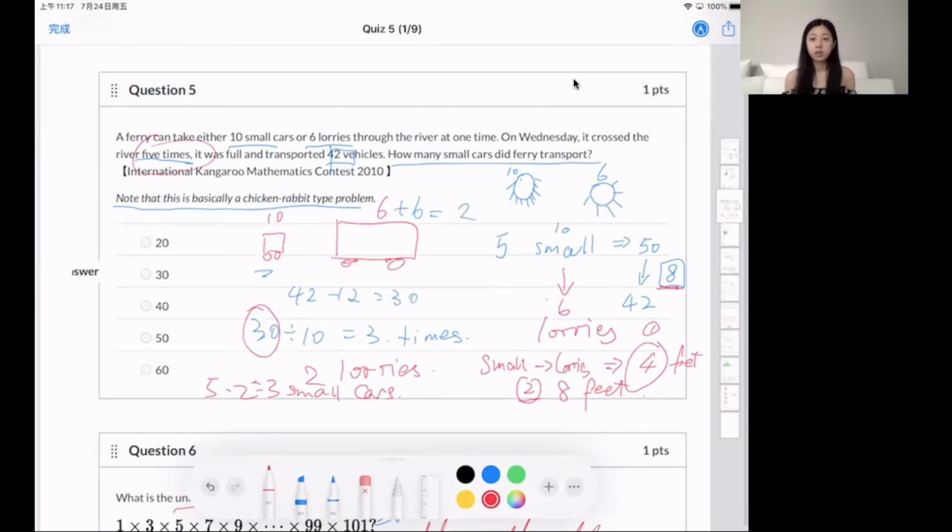So the total feet is 3 times 10, which is 30 feet. You can call it feet. It just seems like 10 feet and 6 feet. You can think of it as animals.